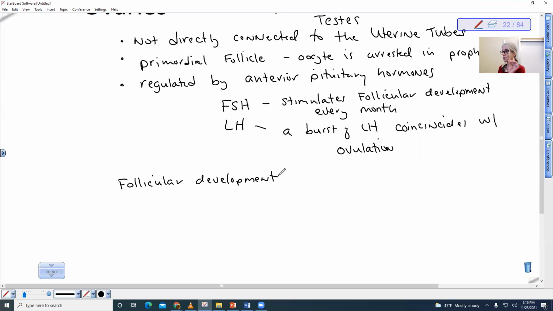The cells that directly surround the developing oocyte are called granulosa cells. And initially in the primordial follicle, there's just a single layer of granulosa cells. But as the follicle develops, the granulosa cells are going to multiply.